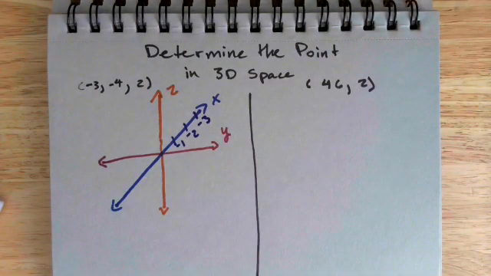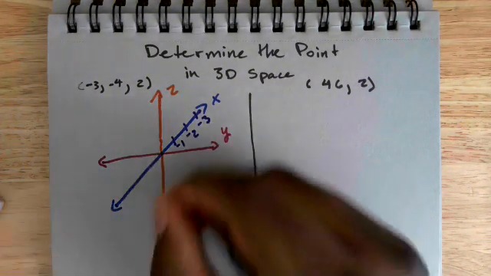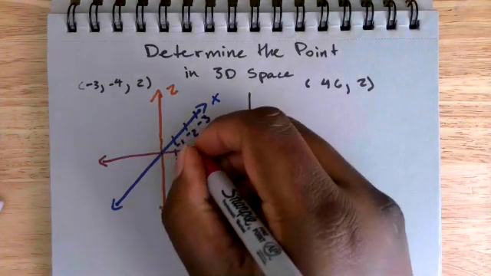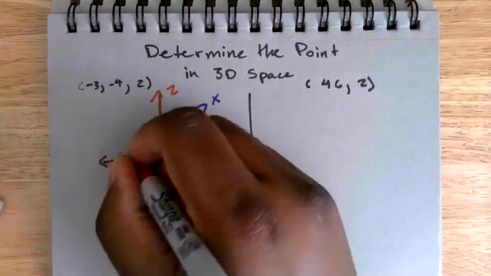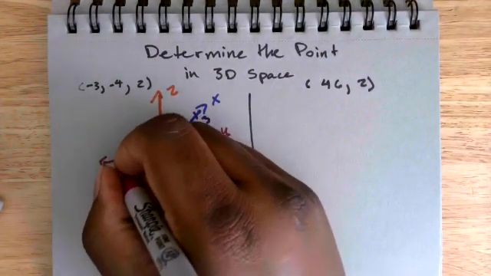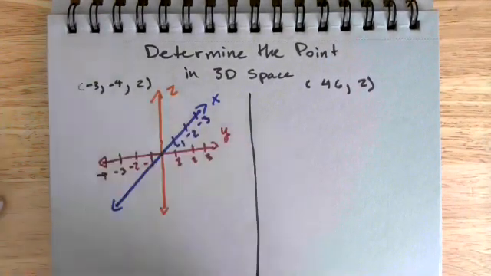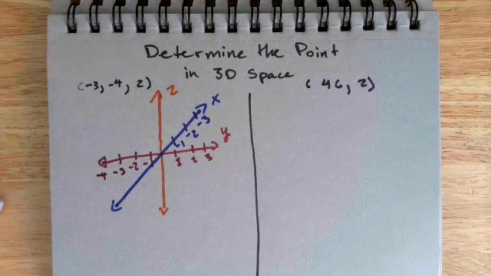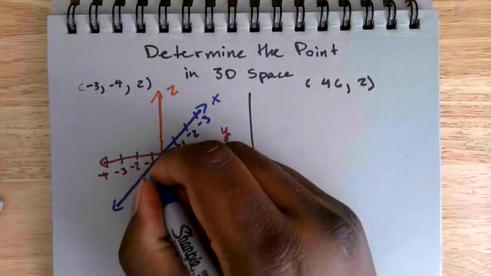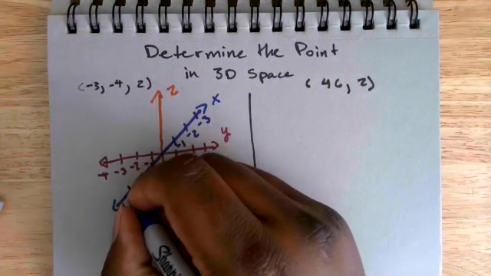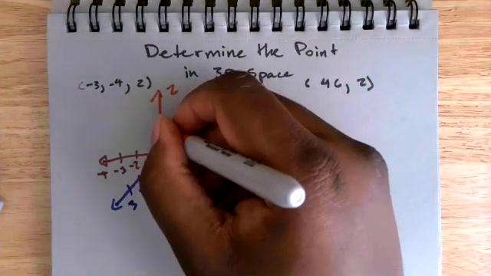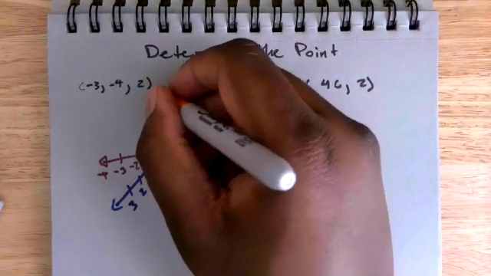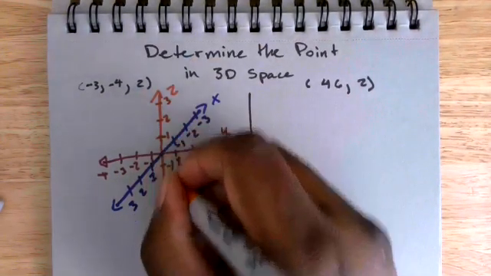On the y-axis, this is going to be 1, 2, 3, -1, -2, -3, -4. I guess I could go positive, go 1, 2, 3. And on the z-axis, you go up, it's going to be positive. So like this 1, 2, 3. Of course, you go down, it's negative.